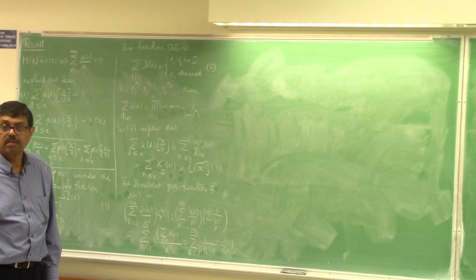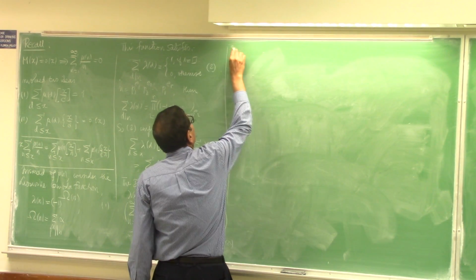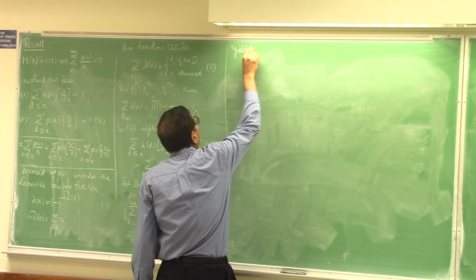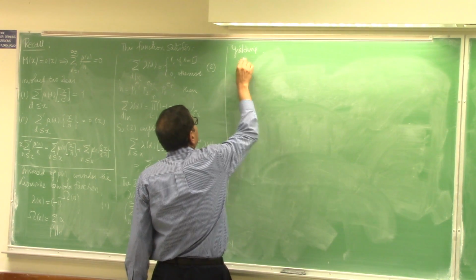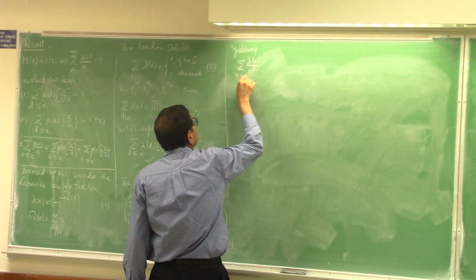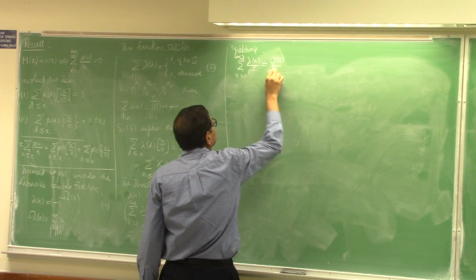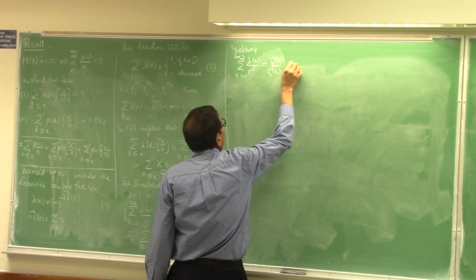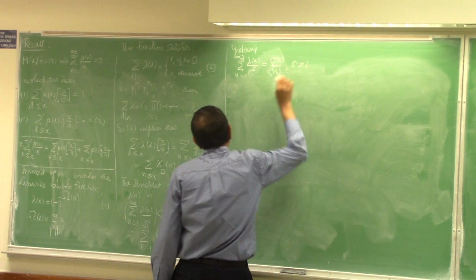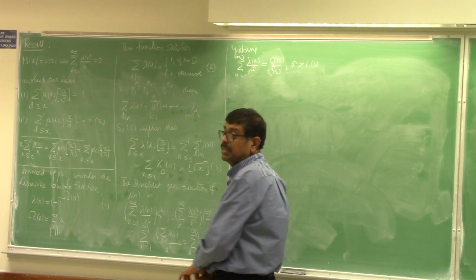Therefore, yielding summation lambda n over n to the s has generating function zeta 2s over zeta s for real part s greater than 1. So we'll call this 3. So this is the generator.